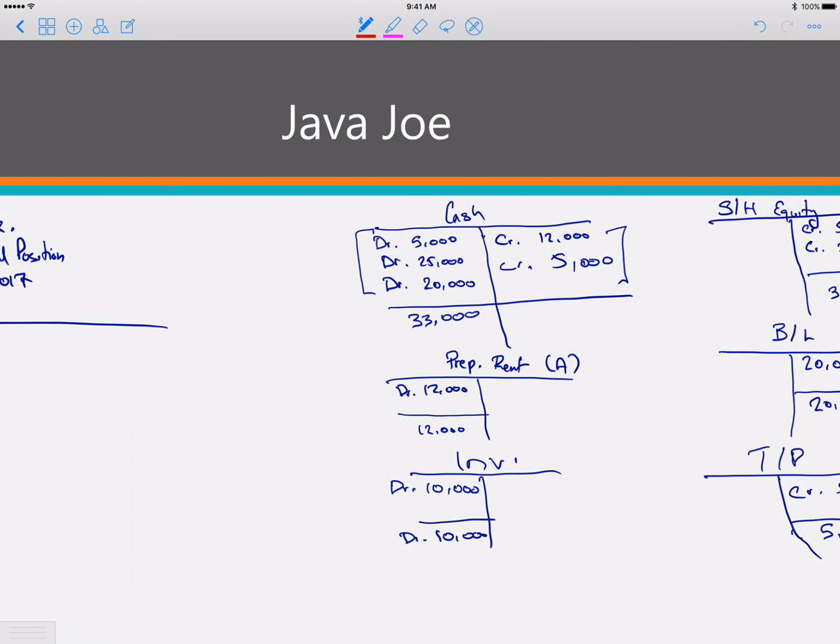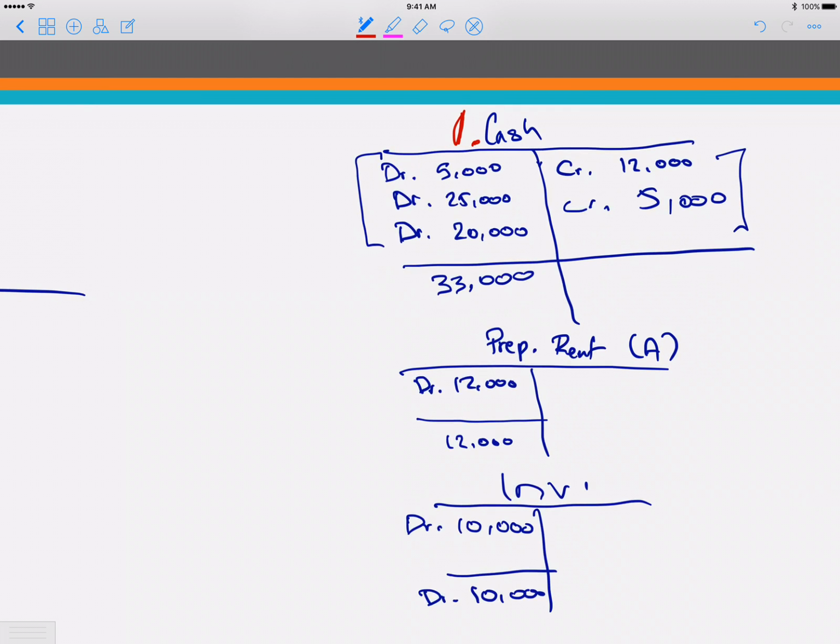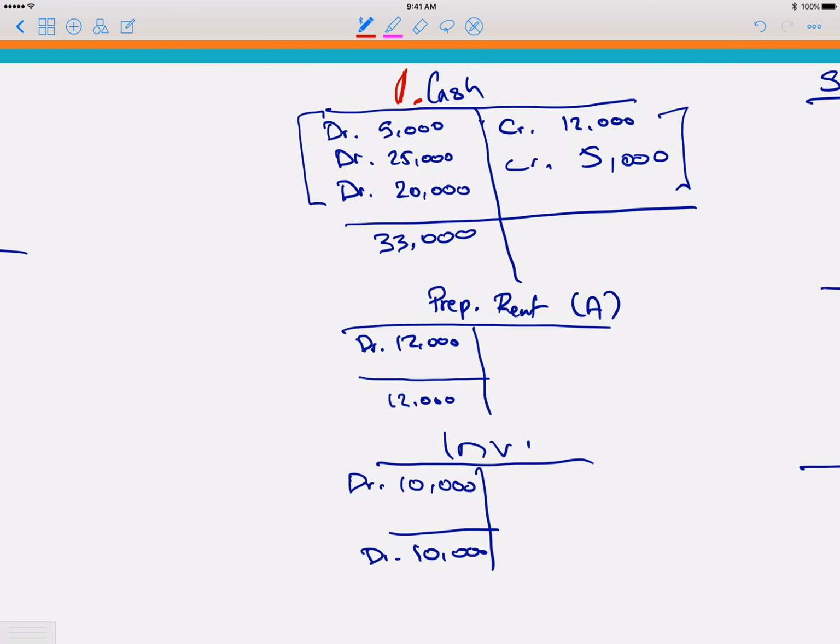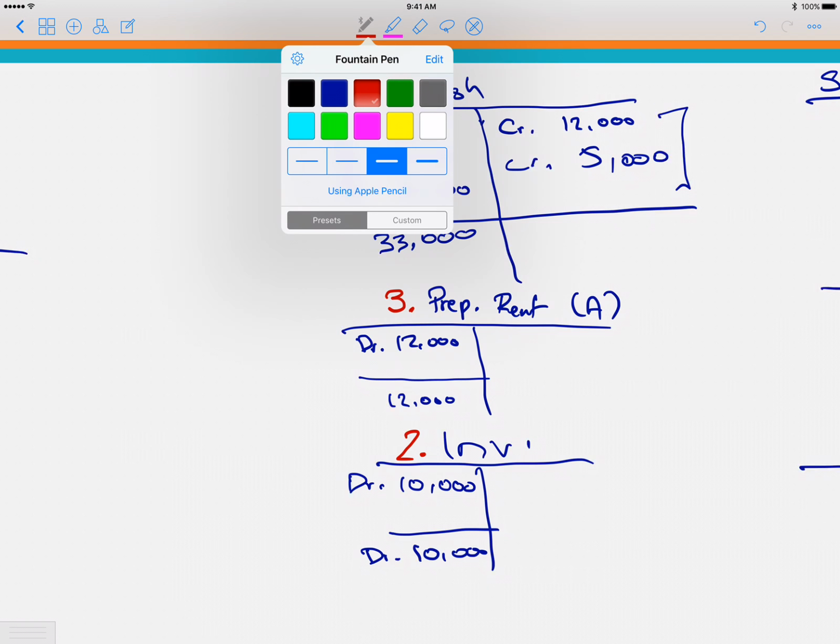The number one most liquid asset is going to be cash. Now, between prepaid rent and inventory, what do you think is next? Well, the answer is inventory. Inventory is going to be second of our assets in liquidity. And finally, our prepaid rent. So let's put these on our balance sheet.